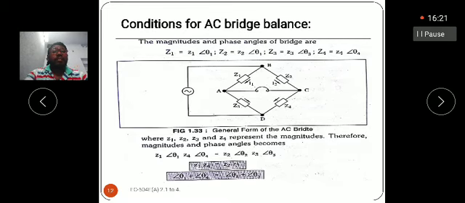Here z1, z2, z3 and z4 represent the magnitudes, therefore the magnitudes and phase angles become z1∠θ1 times z4∠θ4 equals z2∠θ2 times z3∠θ3.